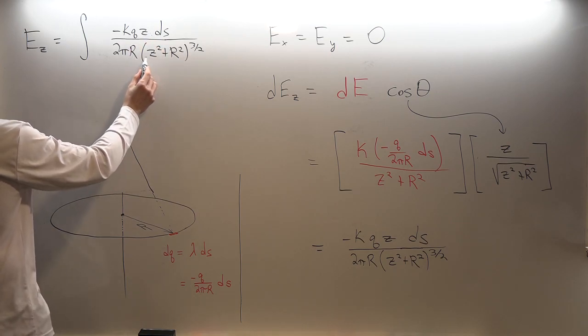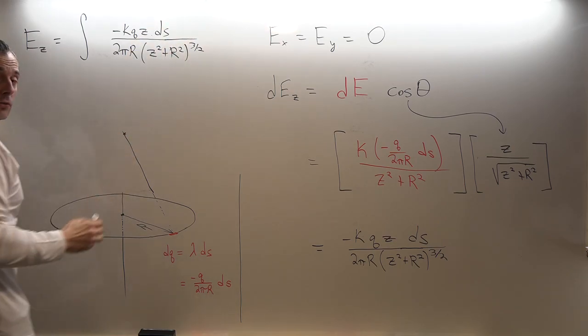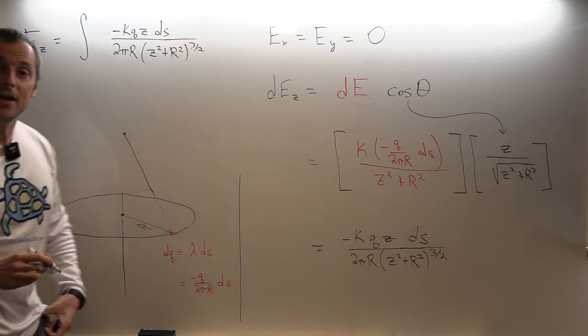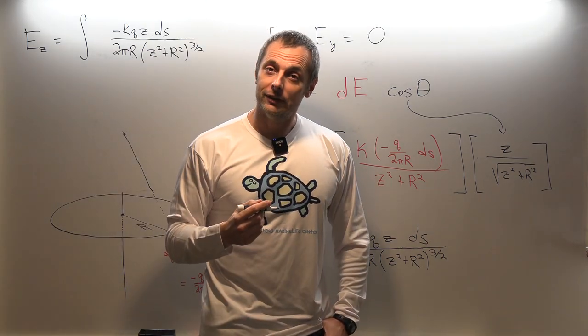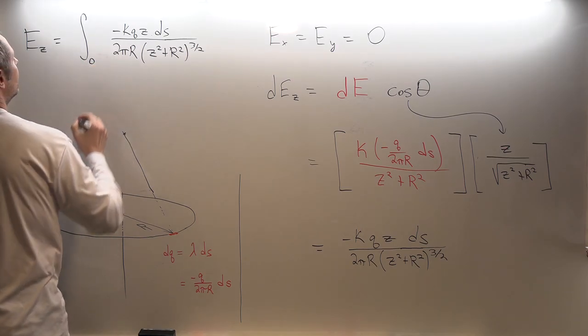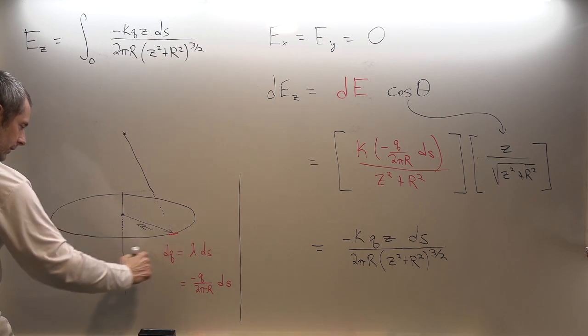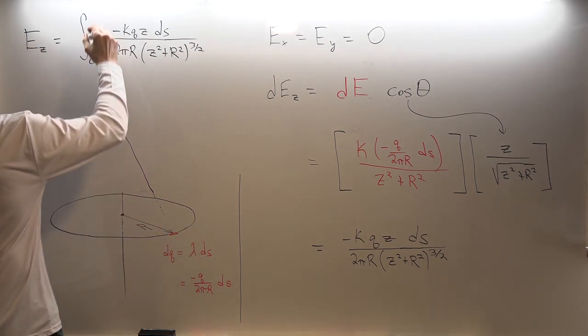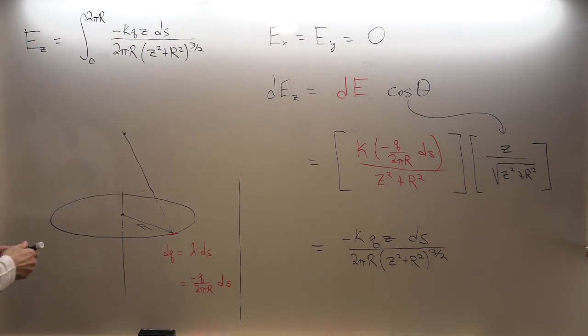Neither does the radius of the ring. So the only variable is ds, arc length. And so we're integrating the arc length around a circle. So the limits are from 0, your starting point, to the arc length when you've completed the whole integration around the entire ring. That's 2 pi r, the circumference of the ring.